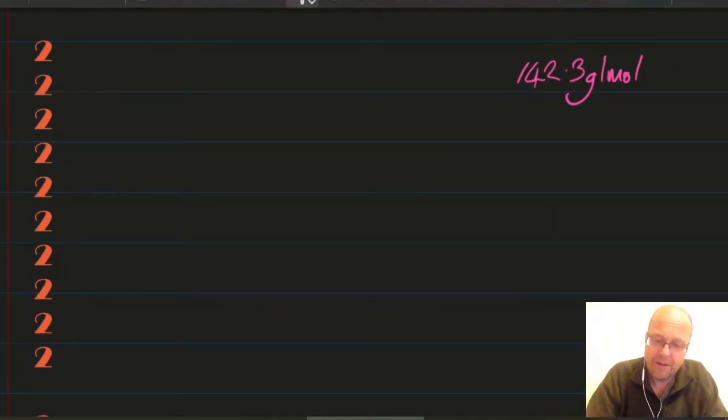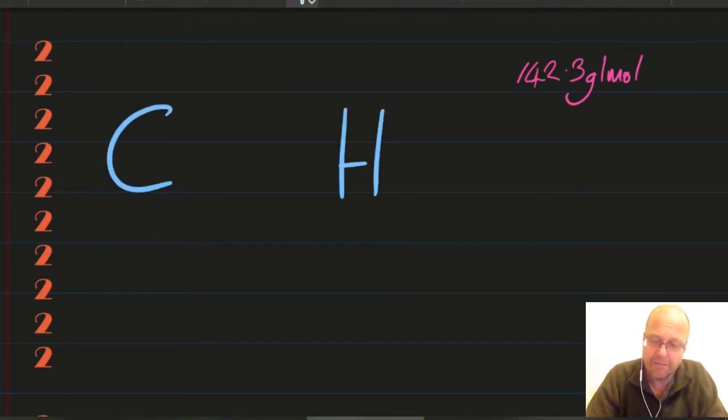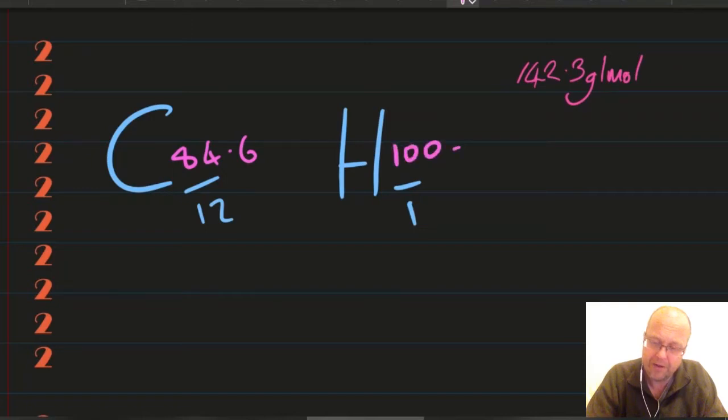Okay, empirical formula. So do a big C and a big H because it's a hydrocarbon. I'm going to put a 12 there and a 1 there, the molar masses. And at the top, the percentage, or the mass if they gave it to me. That's going to be 100 minus 84.6, which is 15.4, 15.4.